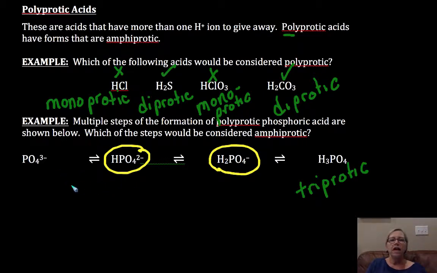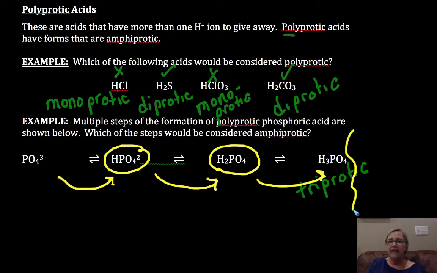Each time I go through here, I'm adding an H+. But you notice I have an end here and it ends here. The two species that are the in-between species can act as both acids and bases.